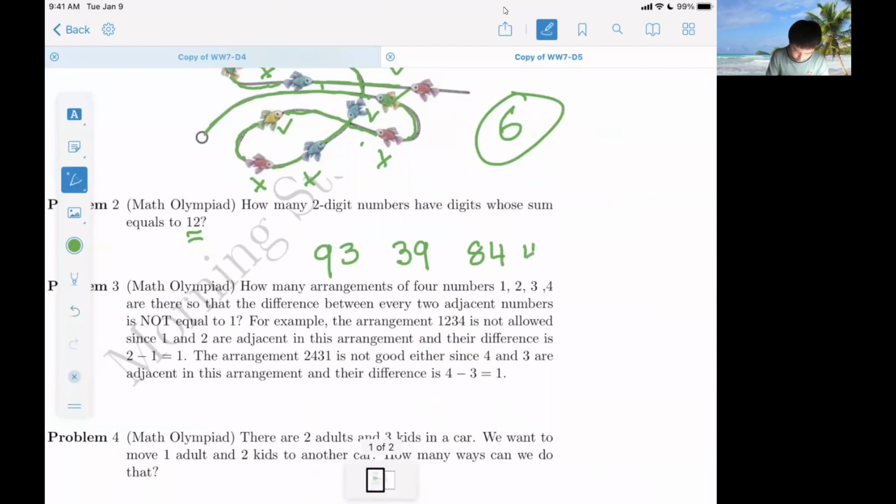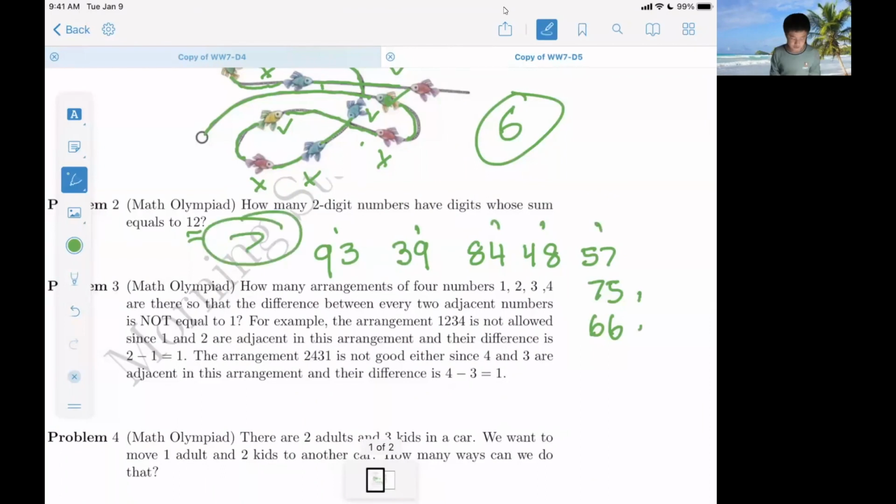So this is another 2 cases. And there's also 5 and 7, and 7 and 5. And lastly, we have 6 and 6. So that's 1, 2, 3, 4, 5, 6, 7. In total, there are 7 cases.